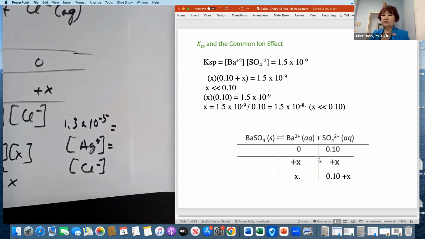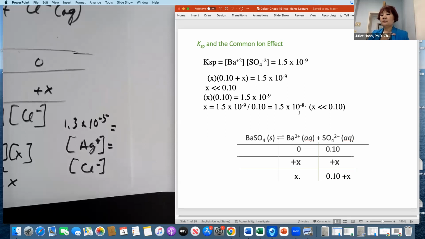So then this equation becomes simpler, and it just becomes x times 0.1 is equal to 1.5 times 10 to the negative 9th. And then it becomes an even simpler problem, because all you have to do is take 1.5 times 10 to the negative 9th divided by 0.1, and then you get x is equal to 1.5 times 10 to the negative 8th.